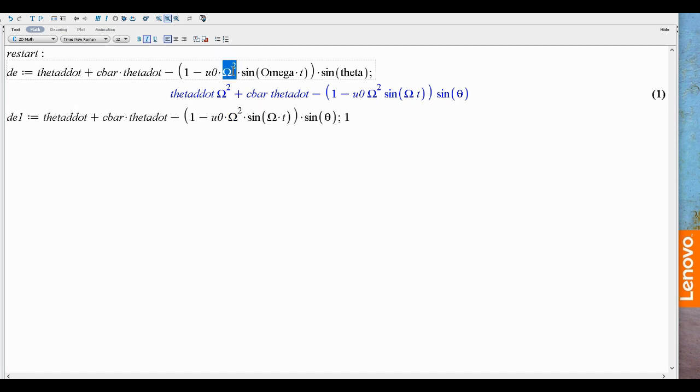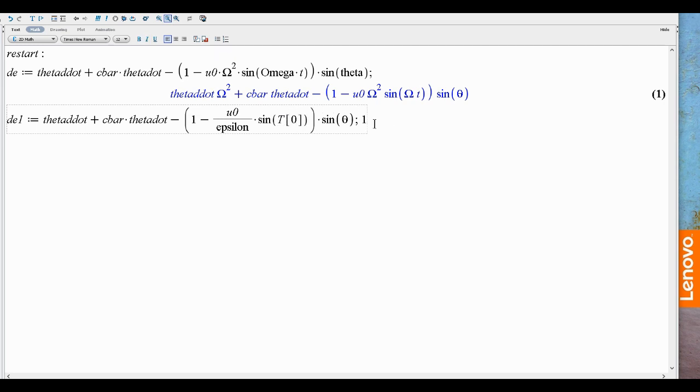This one is definitely there from the derivative we took. Okay. Now this one becomes u0 by epsilon. Why? It becomes u0 by epsilon because u0 is actually some u0 times epsilon, and then this omega is 1 by epsilon. Over here this becomes t0, but we will remember that that is our fast time. This one is not needed. Okay, so that's our differential equation now.